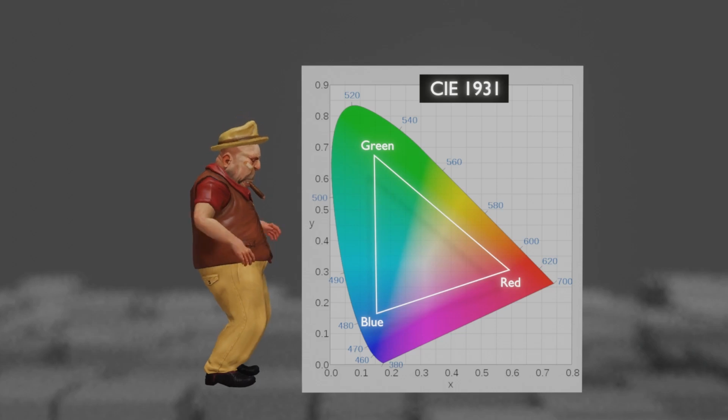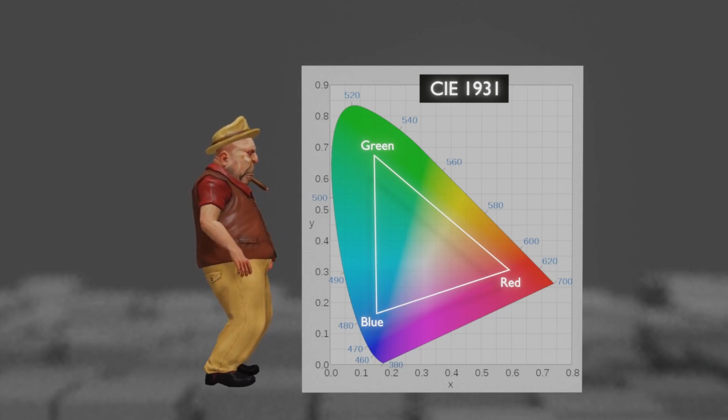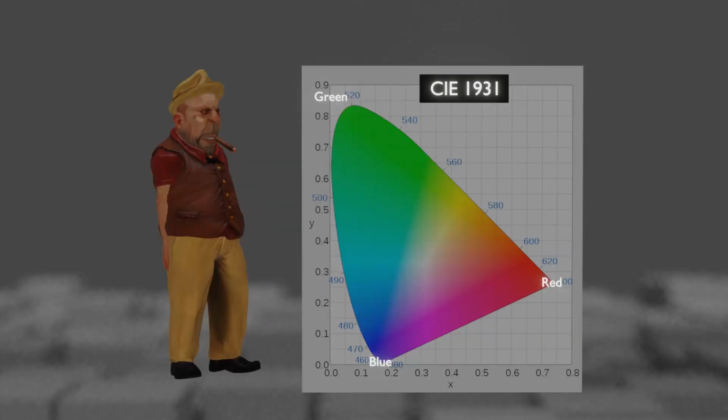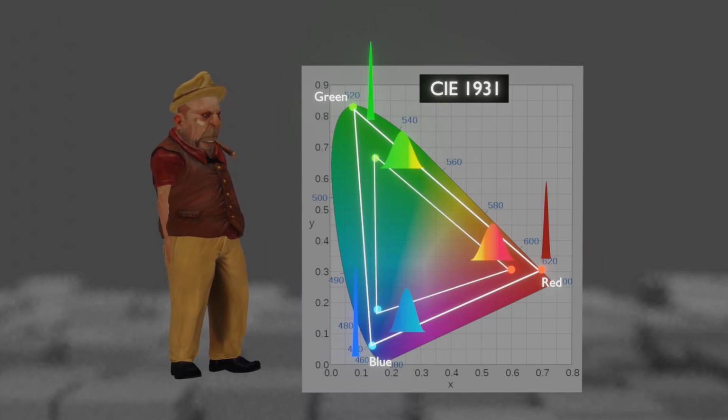The triangle created by connecting the coordinates of the three primary colors means that all colors inside the triangle can be implemented on the display panel. A sharp spectrum like a laser is located at the border of the diagram, and as the spectrum becomes broader, it gradually moves to the center and the triangle area decreases.